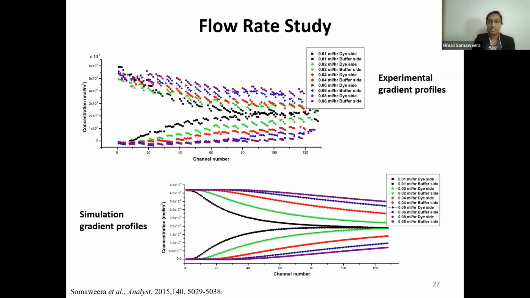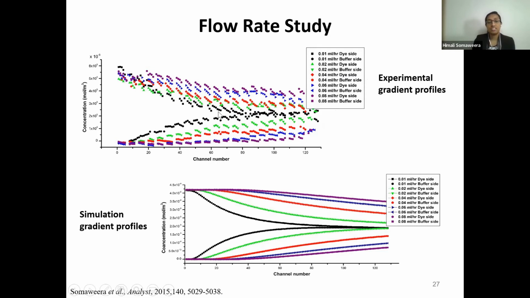Also flow rate. When you change the flow rate, you expect that the gradient profile will change. So I increased the flow rate from 0.06 to 0.08, and you can see that we can create different concentrations within the same single chip, also validated using simulated gradient profiles.